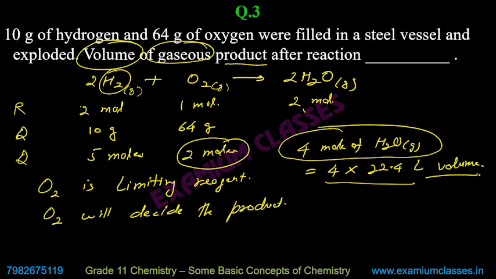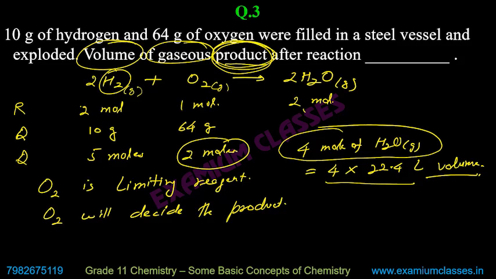Why aren't we considering the volume of hydrogen, sir? Because after the reaction, some volume of hydrogen will be left unreacted. The question says volume of gaseous product. Product is what is produced. So if you read the question, it is the volume of gaseous product, not the compounds which remain after the reaction.